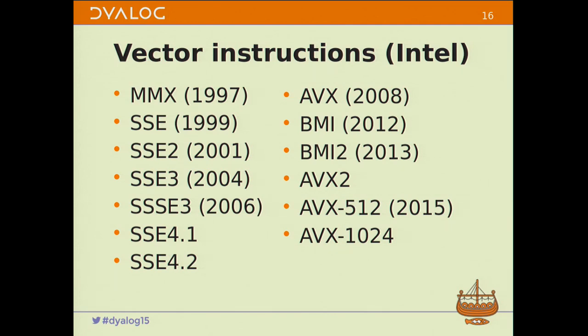So, just looking at Intel and AMD chips here, in 1997 they introduced a new instruction set called MMX, which could handle, I think, 8 bytes worth of data at a time. And since then, they've regularly come out with updates to this. So SSE and all the various different flavors of SSE can process 16 bytes of data at a time. And now they've done AVX, which does 32 bytes of data at a time, and they're even looking forward to 64 and 128 bytes of data processed in a single instruction.